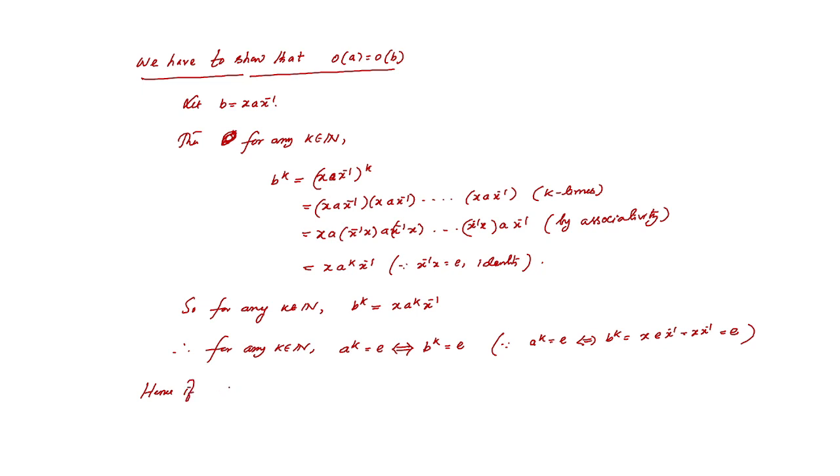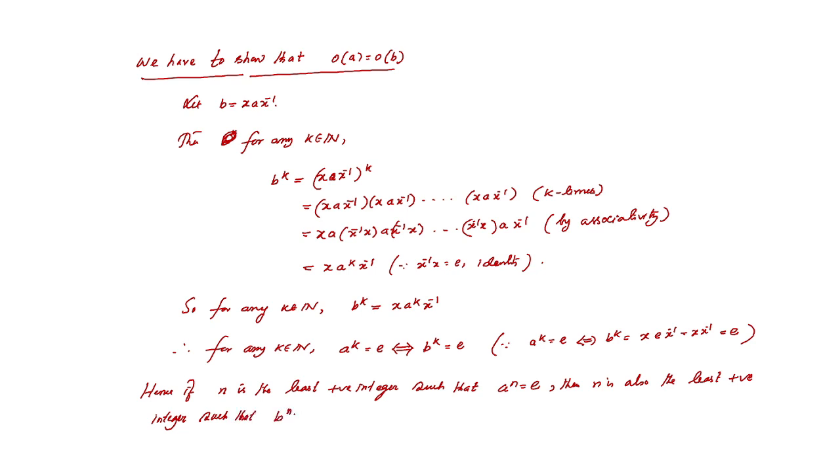So hence, if n is the least positive integer such that A to the power n equals identity, then we can say n is also the least positive integer such that B to the power n is also identity.